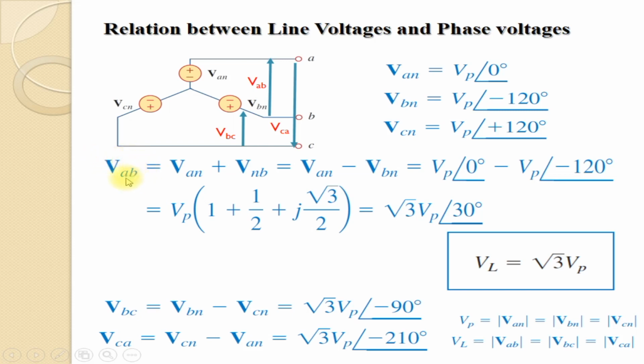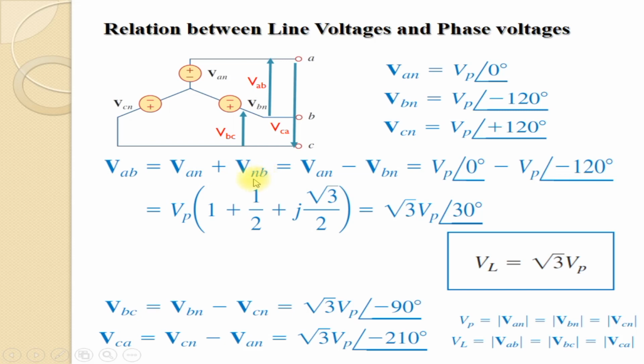And as a vector, you can represent VAB as VAN plus VNB, where N is a point between A and B, if you are adding the vectors. VAB is equal to VAN plus VNB, and all these values VAB, VAN and VNB are vectors.